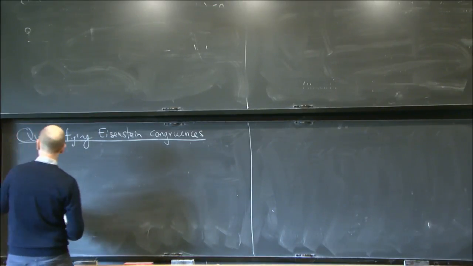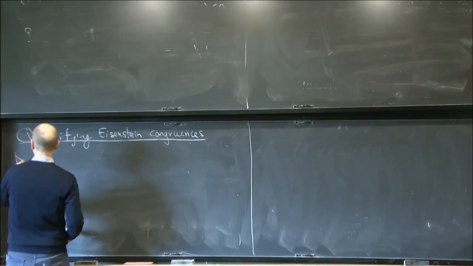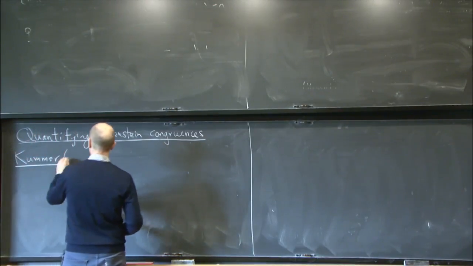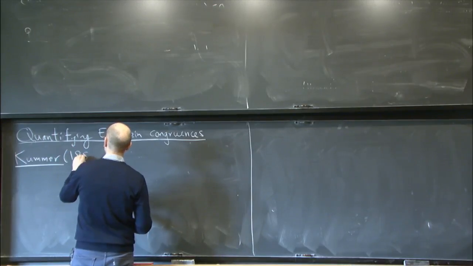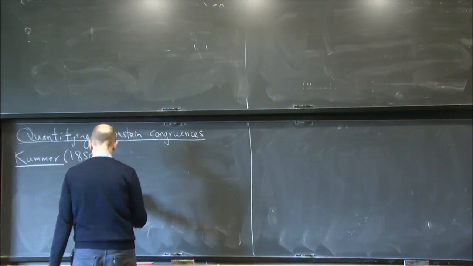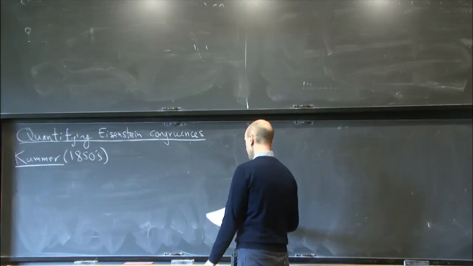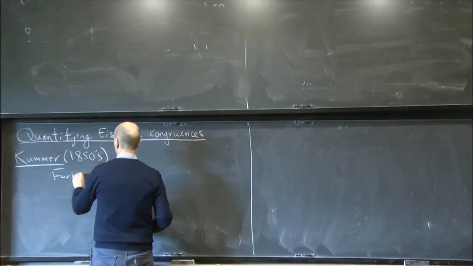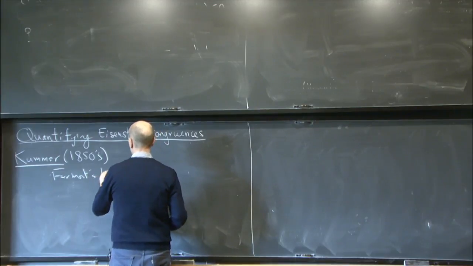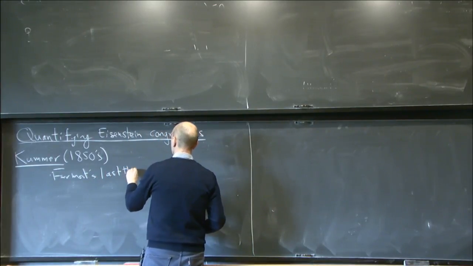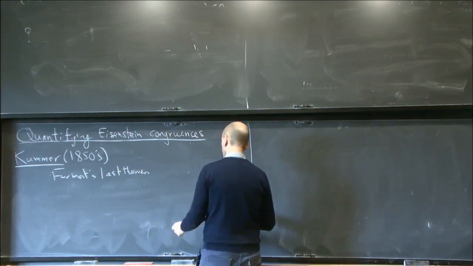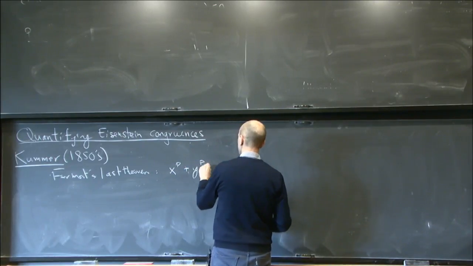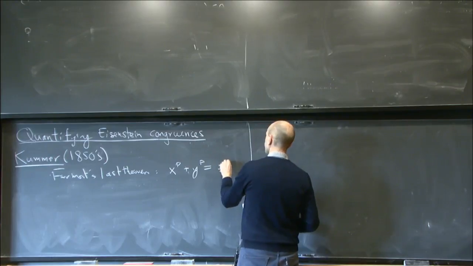So it starts maybe with Kummer in maybe the 1850s. So Kummer was studying Fermat's last theorem. So he wanted to show that there are no solutions in integers to an equation like this.